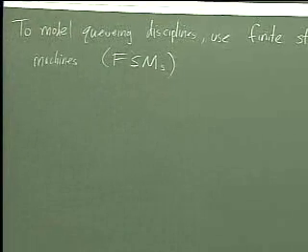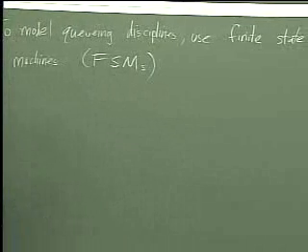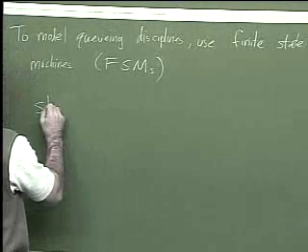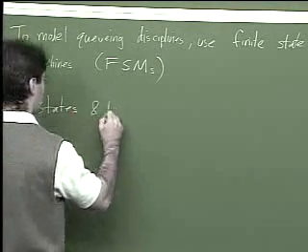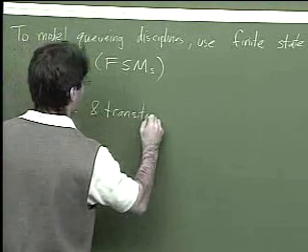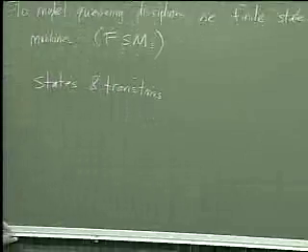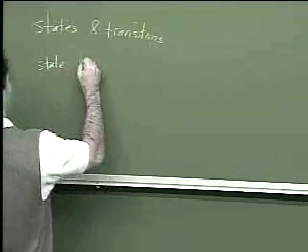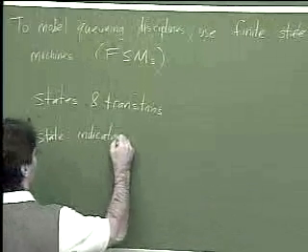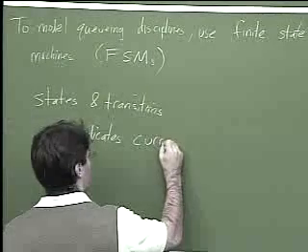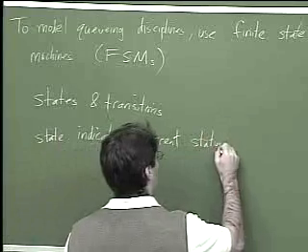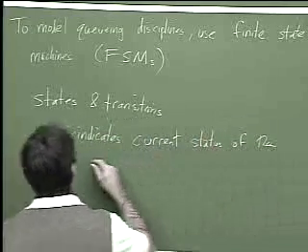And they're very equivalent to the way you depict the Markov model, except for general finite state machines, you don't need to make the Markovian assumptions. So there are states and transitions. And the state indicates the current status of the queuing system.